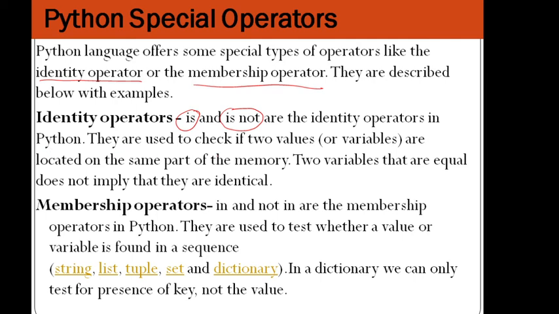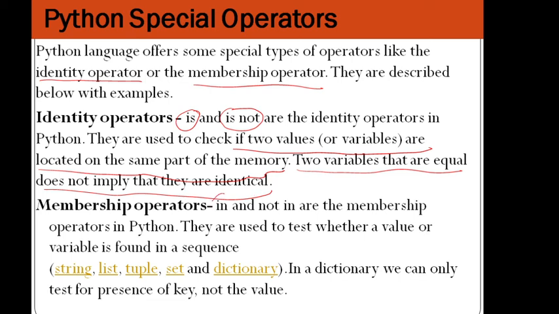They are used to check if two values or variables are located on the same part of the memory, right? So two variables that are equal does not imply that they are identical. We will be coming to the example and you will be able to understand.